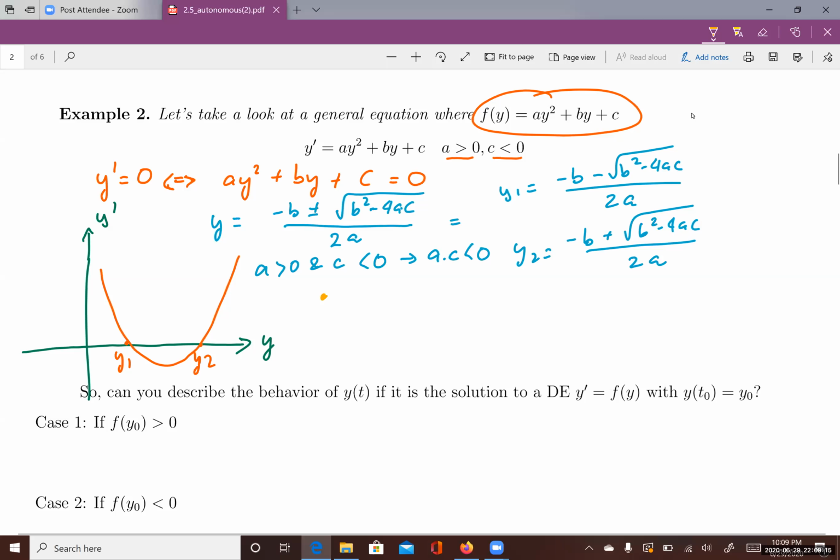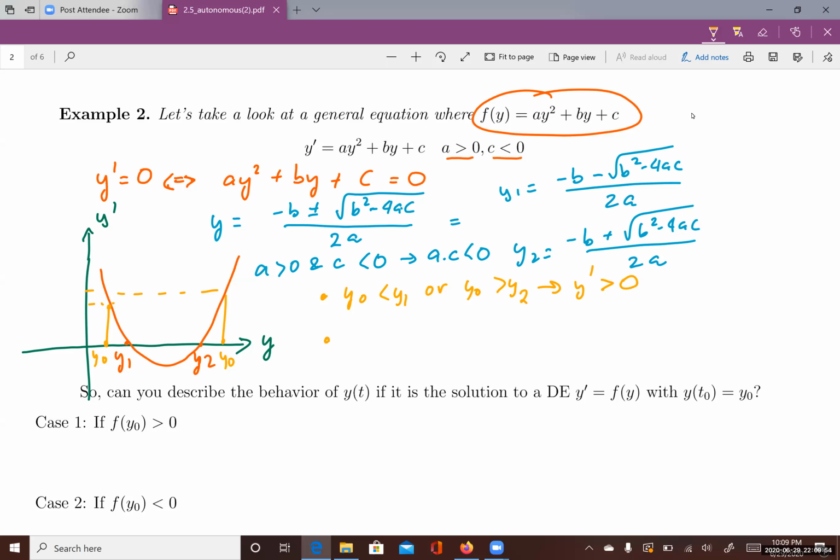So let's make some observations here. First, if I pick a y0, a point y that is less than y1, or y0 is greater than y2, then y prime will be positive.